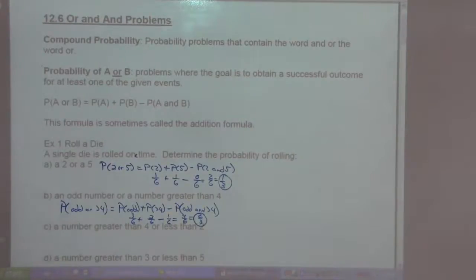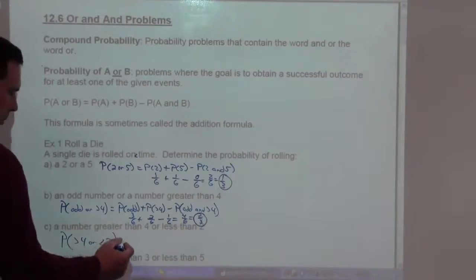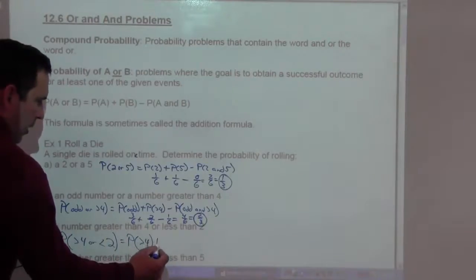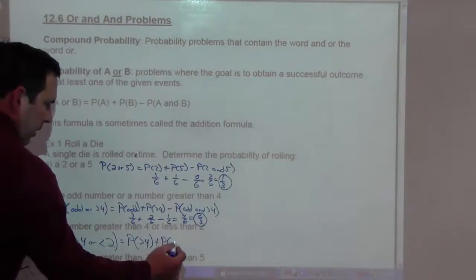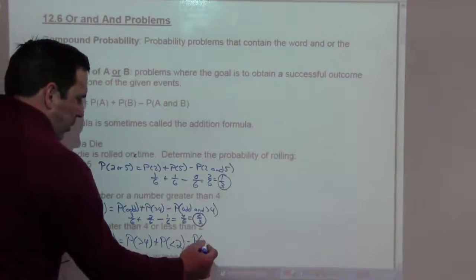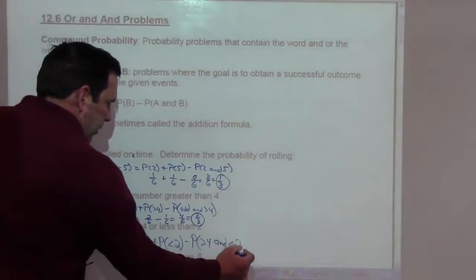How about a number greater than 4 or less than 2? Probability of greater than 4 or less than 2. That's a greater than symbol, less than symbol. That's going to be the probability of a number greater than 4 plus the probability of a number less than 2 minus the probability of a number greater than 4 and less than 2.